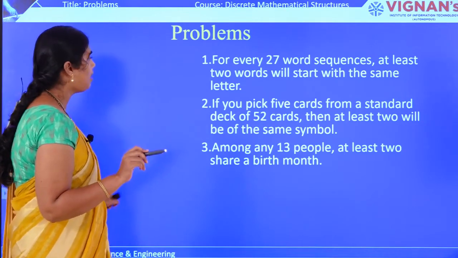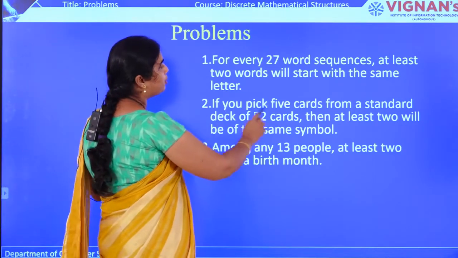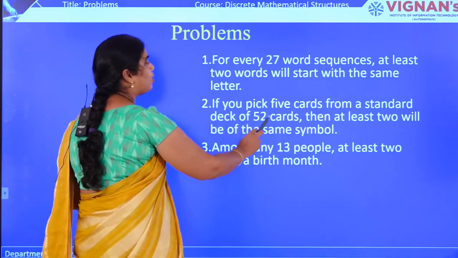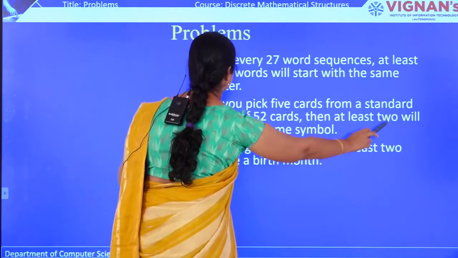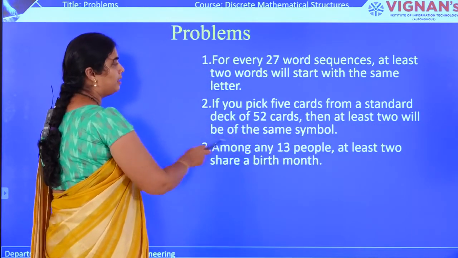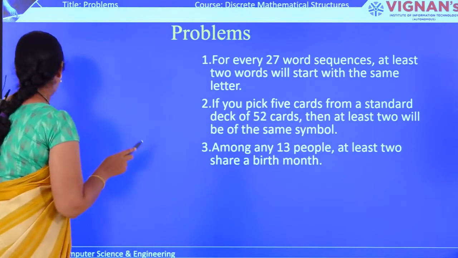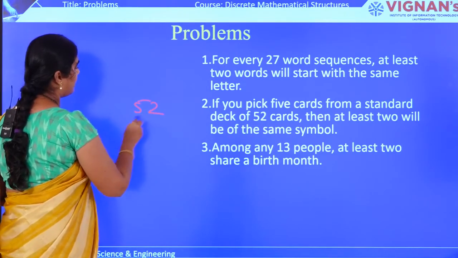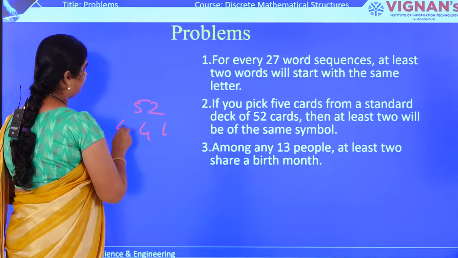And in the second one, if you pick 5 cards from a standard deck of 52 cards, then at least 2 will be of the same symbol, because there will be 4 symbols.